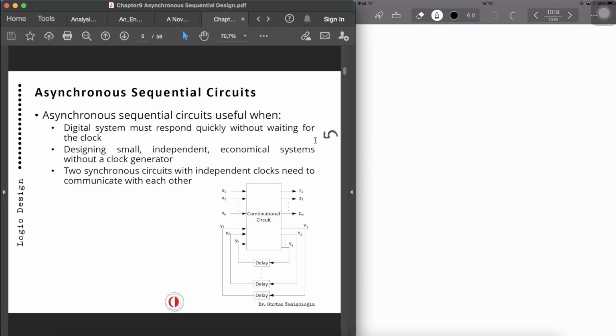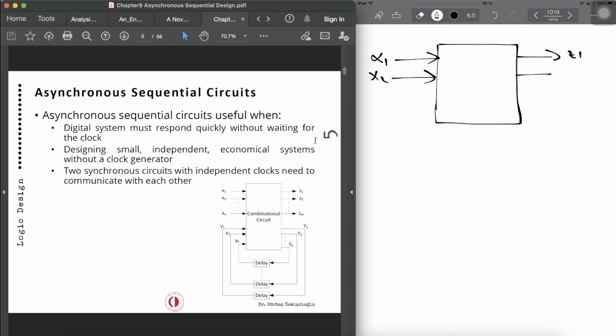Okay, so when we talk about asynchronous sequential circuits, a typical system block diagram is something like this, where we have a set of inputs, x1, x2, and a set of outputs, z1, z2. This is, again, combinational logic.